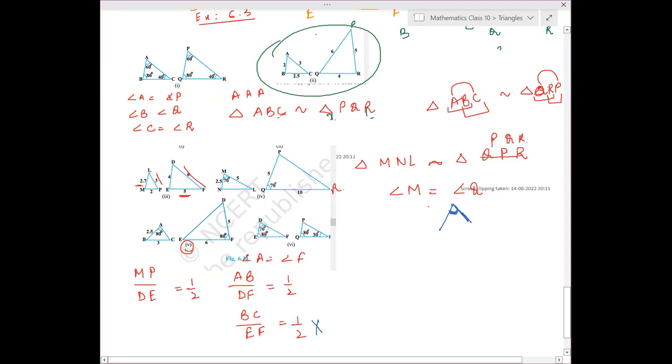Yes, ma'am. So in triangle ABC, this side is given 2.5, but this side is not given. It is actually this side which is given. And in the other triangle, these two sides are given. So basically the sides are not in proportion, not similar.